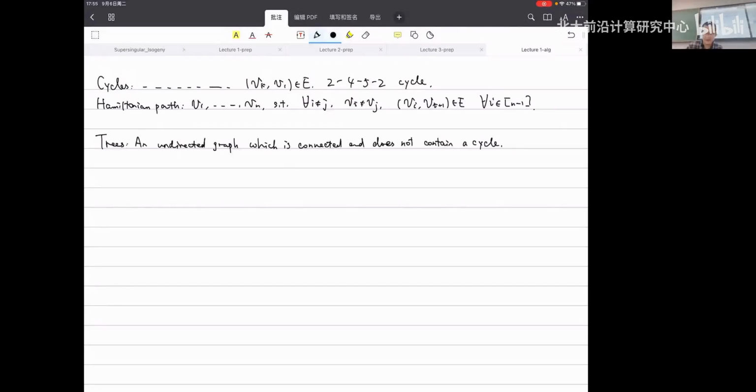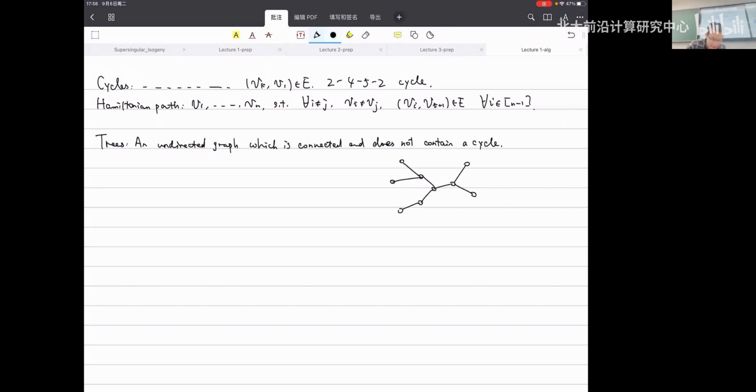Let's make an example. This is basically a tree. You can see this is a tree because it is connected. From one vertex you can get to another, but this graph does not have a cycle.